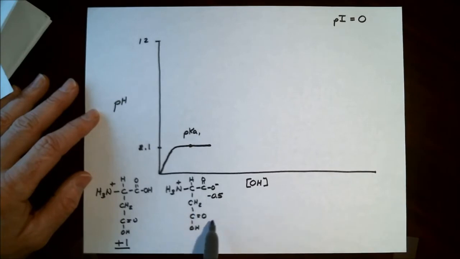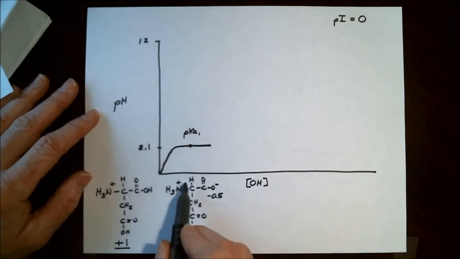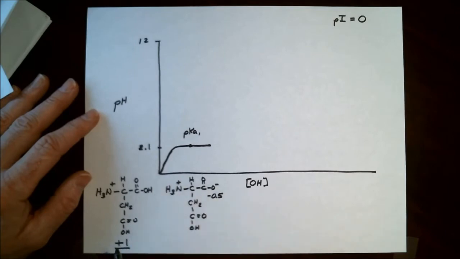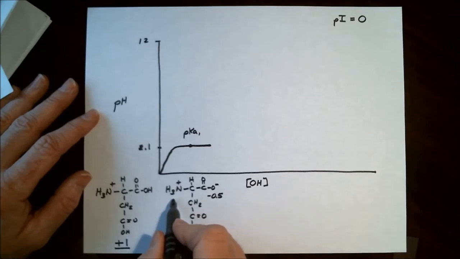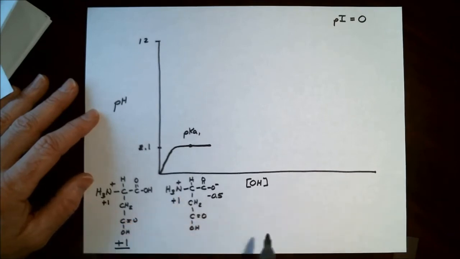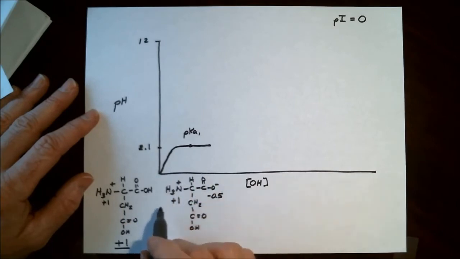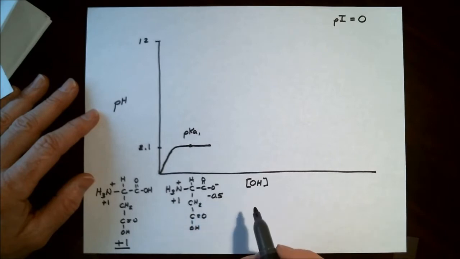The R-chain carboxylic acid is still protonated, so that will be neutral. The primary amine, because this is a basic group, will still have its +1 charge. So the overall charge on this particular molecule is +1 minus 0.5, so the overall charge is +0.5.